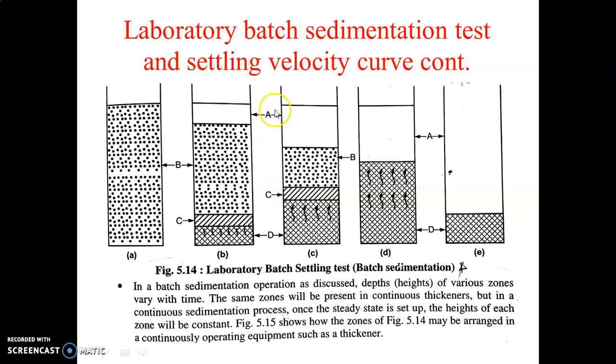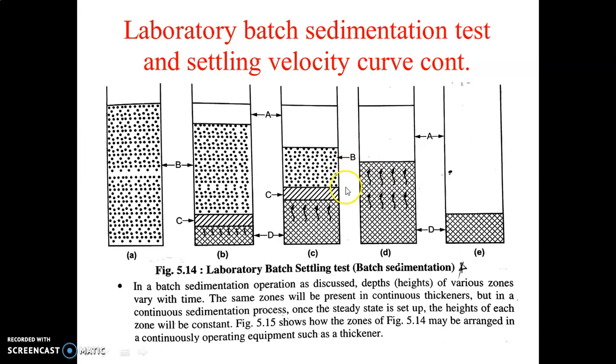And again, after some time, the size of these zones in some cases increases, in some cases decreases, or we can say they vary. After some time we obtain this type of zone. That means D zone is slightly increased, C zone becomes small, A zone becomes large, and B zone becomes small, and further settling takes place. The B and C zones disappear, and we get only A and D zones.